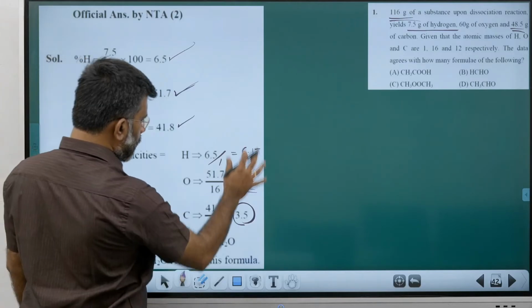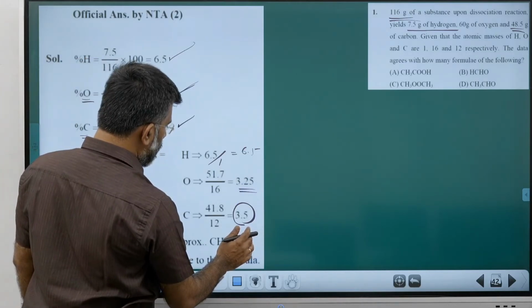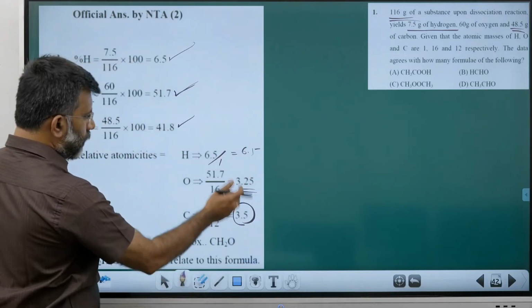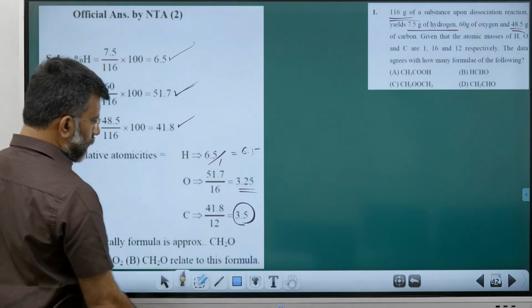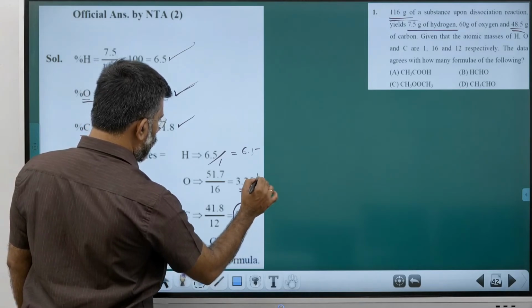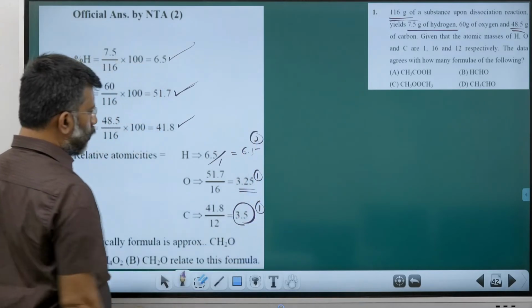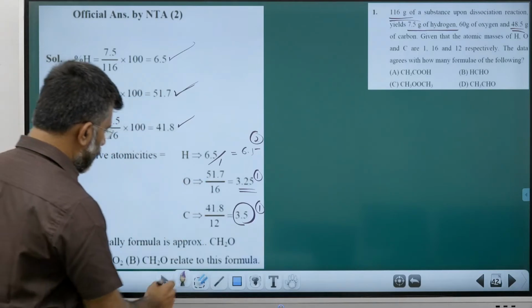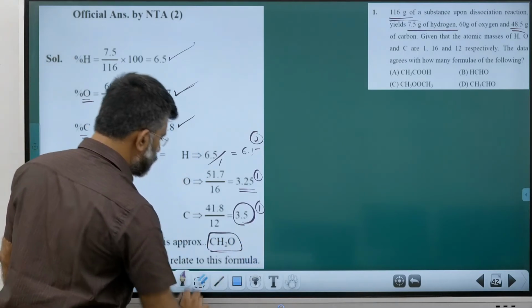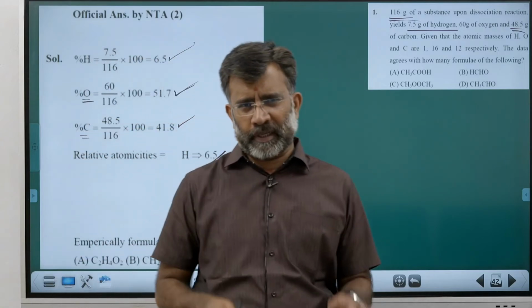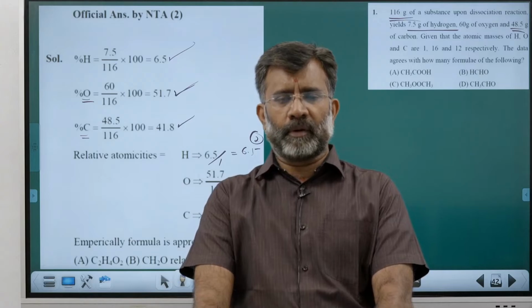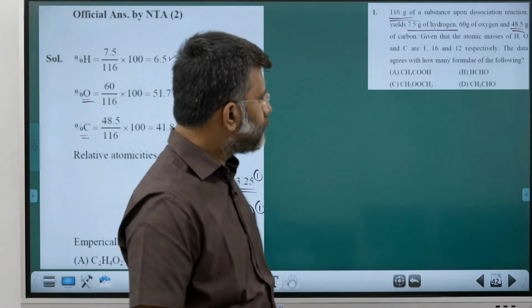So we can conclude this is approximately a 1:1:2 ratio, so 1 carbon, 1 oxygen, 2 hydrogen. CH2O will be the empirical formula approximately, right?